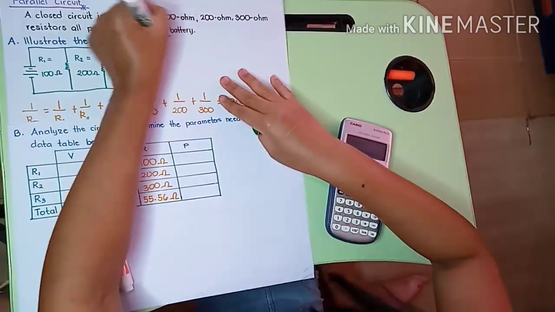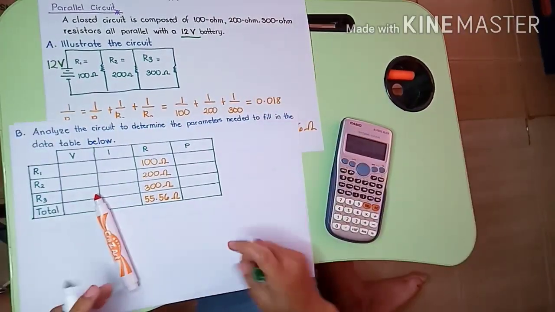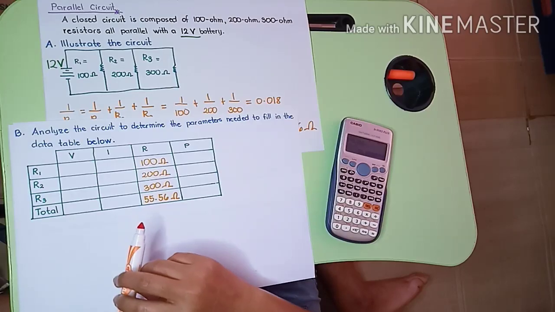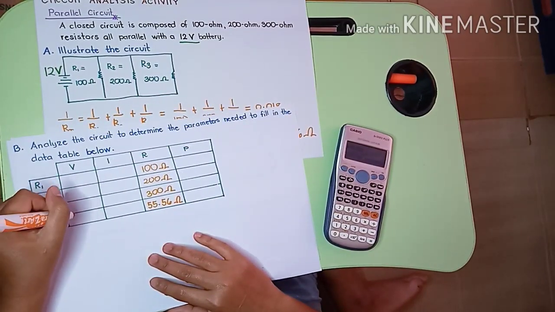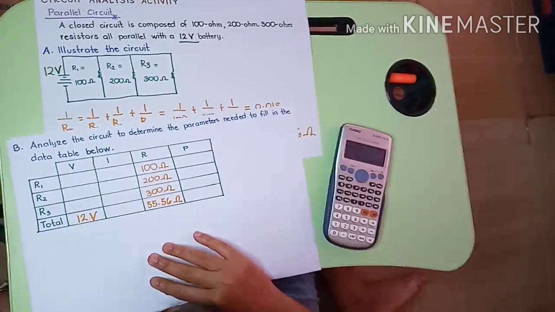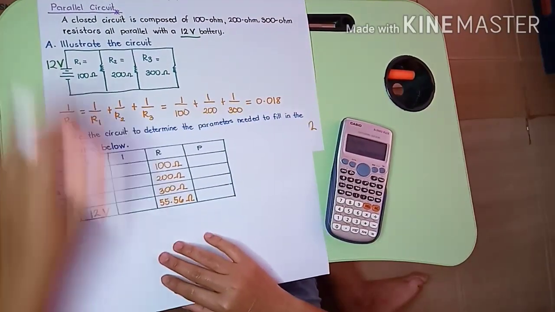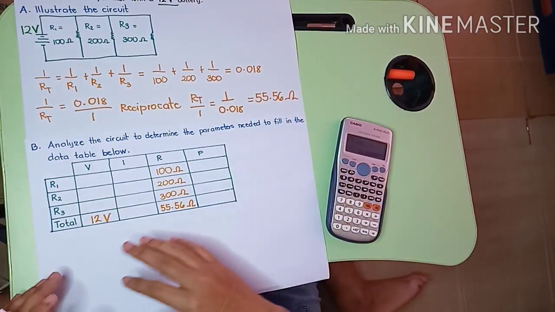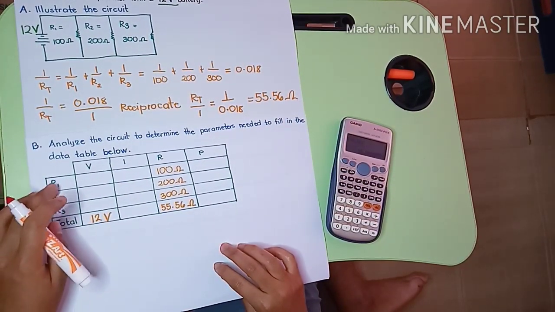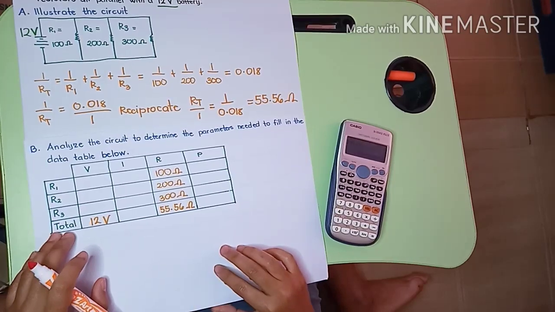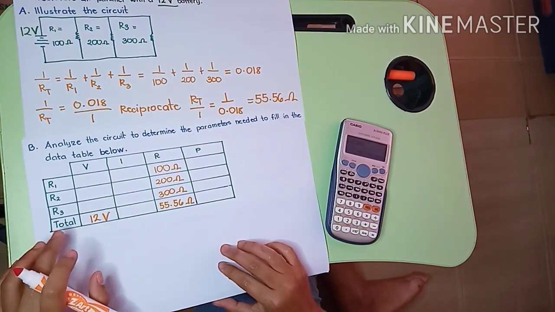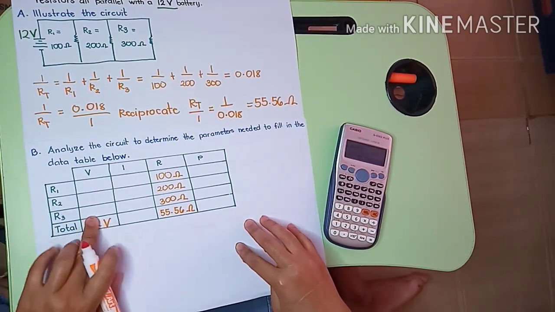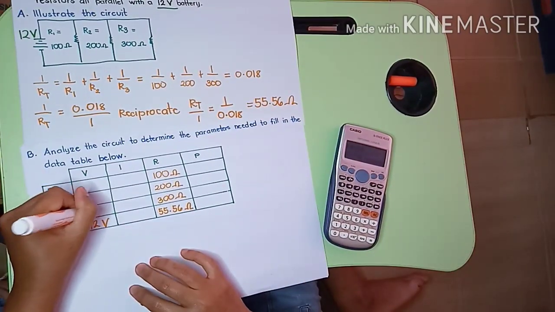As we all know, our total voltage is 12 volts. So we will fill in the table 12 volts as the total voltage. Take note that in a parallel circuit, all the voltages are the same as the total voltage. So R1, R2, and R3 is 12 volts.